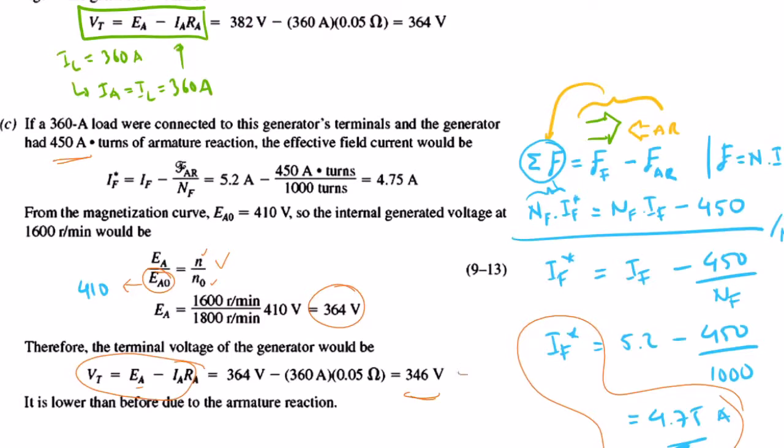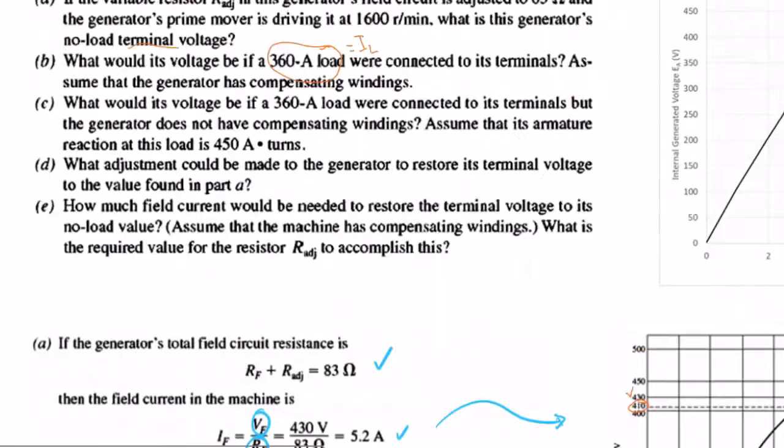If you compare, the output voltage of the generator was 364 volt before the armature reaction kicked in. Next question, part D.